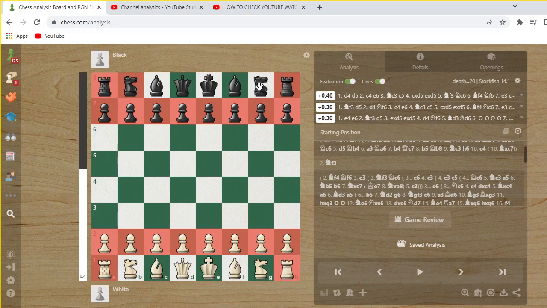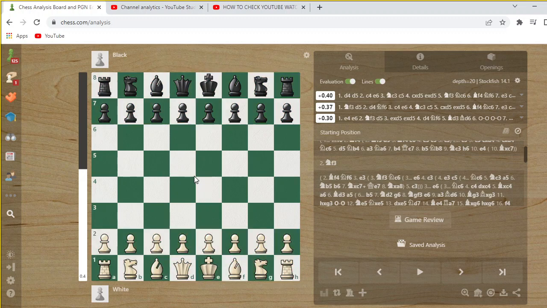We have 2 knights, 2 bishops, and then we have the queen, and finally the king. So, first of all, we're going to learn how the pieces move, and then we're going to learn the strategy of the game of chess.